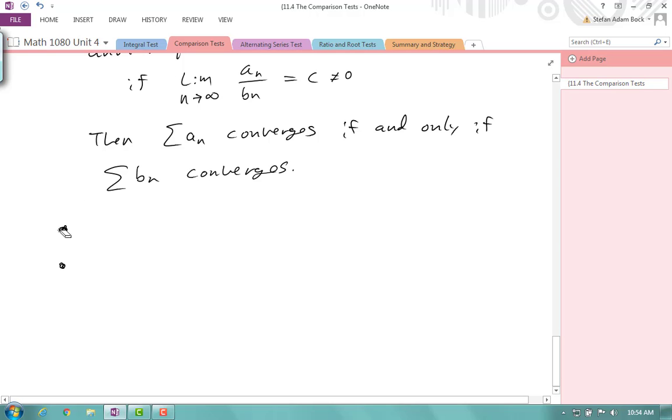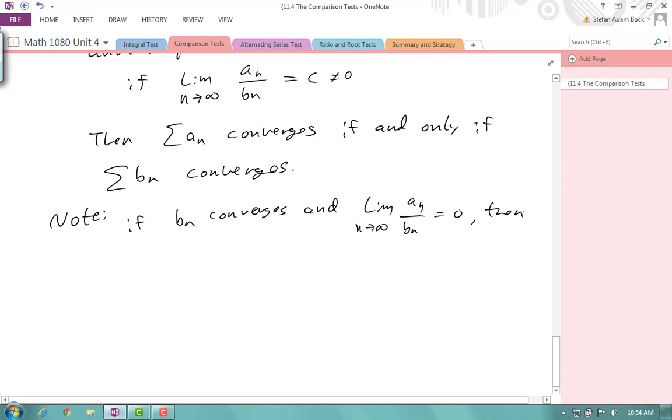Now there are some additional notes to this. We'll say note. If b sub n converges and the limit as n goes to infinity of a sub n over b sub n is equal to 0, then the sum of a sub n also converges.